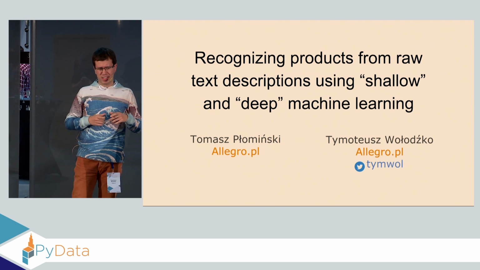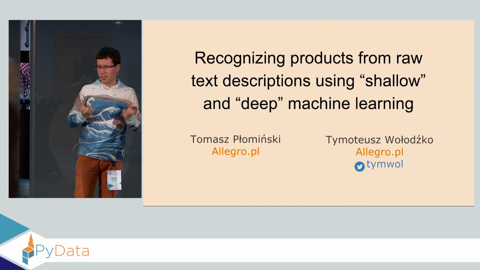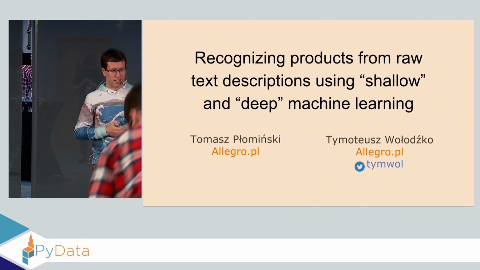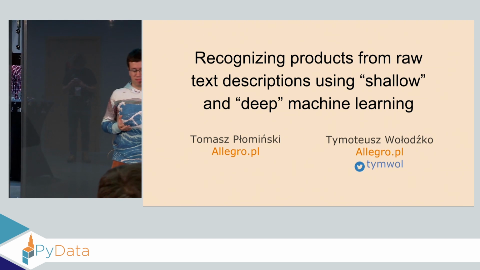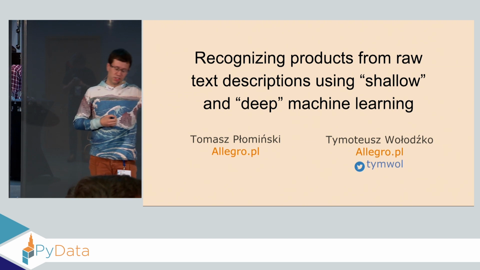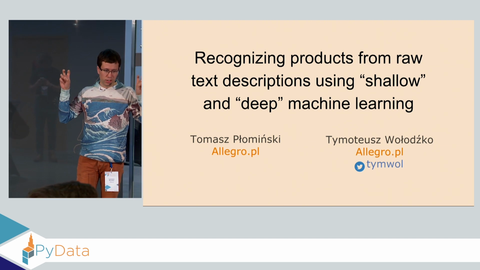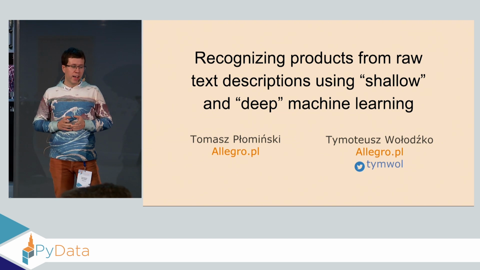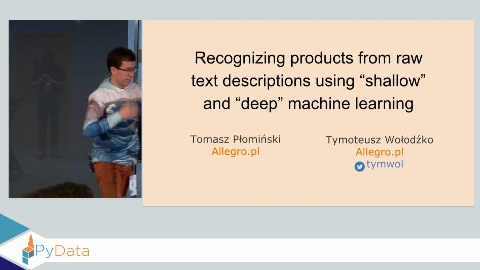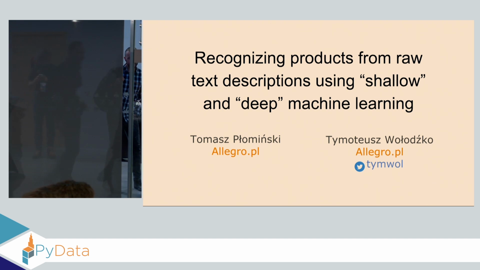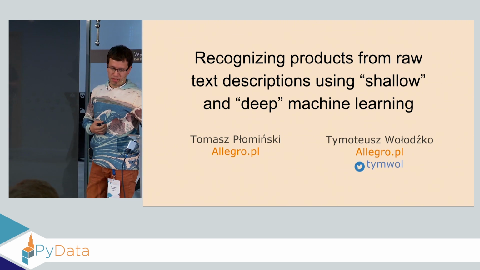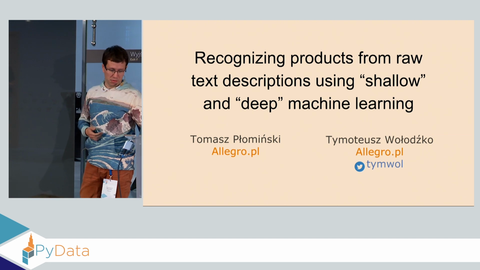In our case, we chose 2 examples from our daily work because we felt that they're a great example to compare 2 different approaches: traditional, shallow machine learning, and deep learning. So you shouldn't expect to see mind-blowing results, but we would rather focus on the differences between those 2 approaches.